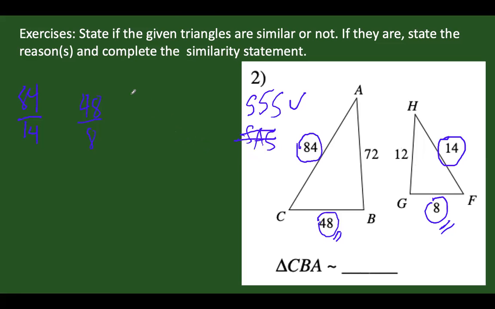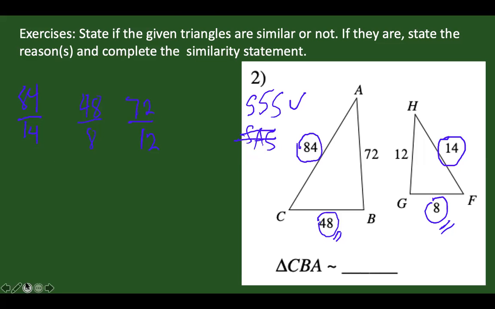So we have 72 over 12. So we are always starting from the larger triangle. But if you started from the smaller, you can also do that. You can also use the smaller triangle to be the numerator and the larger one to be the denominator.